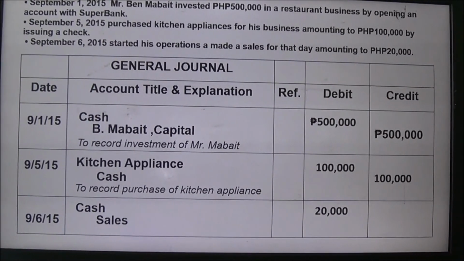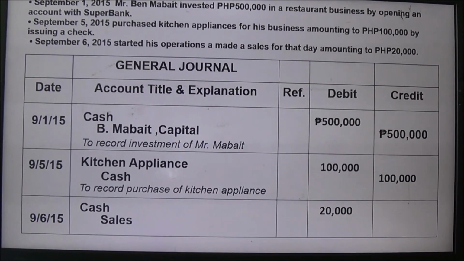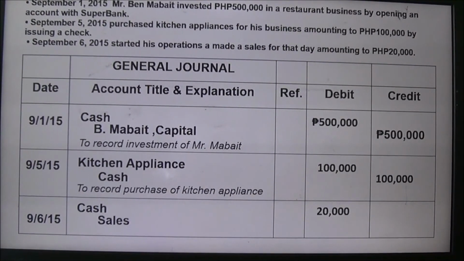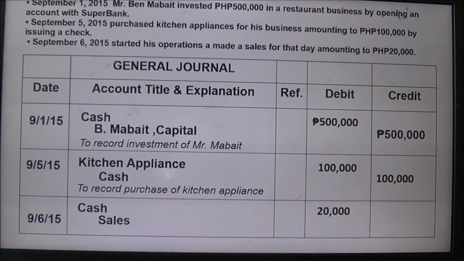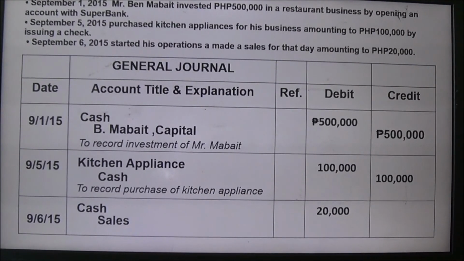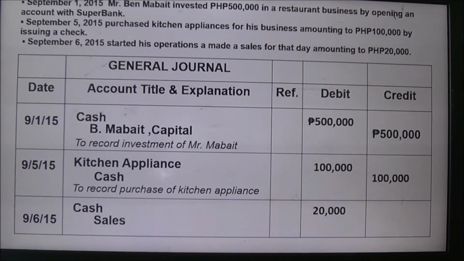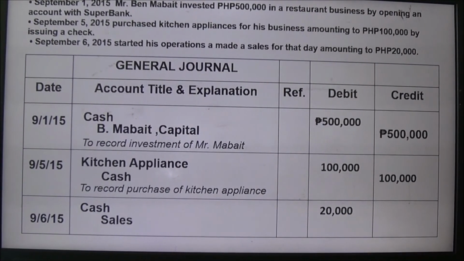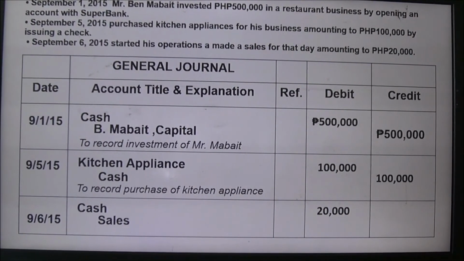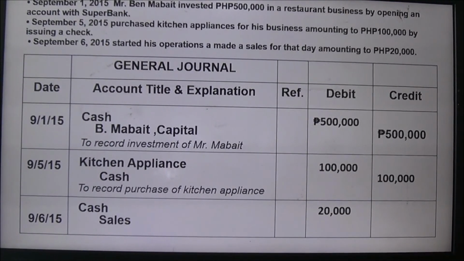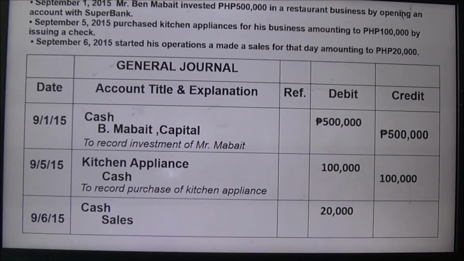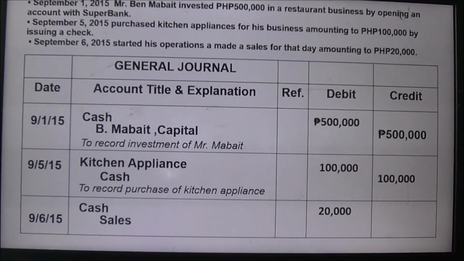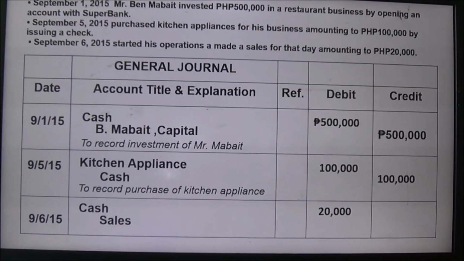So according to the rule, any transactions that increase the liability or equity account will be credited, and any transactions that decrease the liability and equity account will be debited. So his equity account increases by 20,000 pesos, so it will be credited.